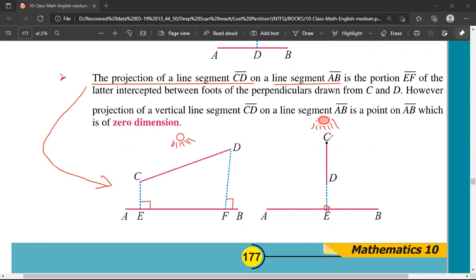So though it is a line segment CD, it is in vertical position, or at a 90-degree position.